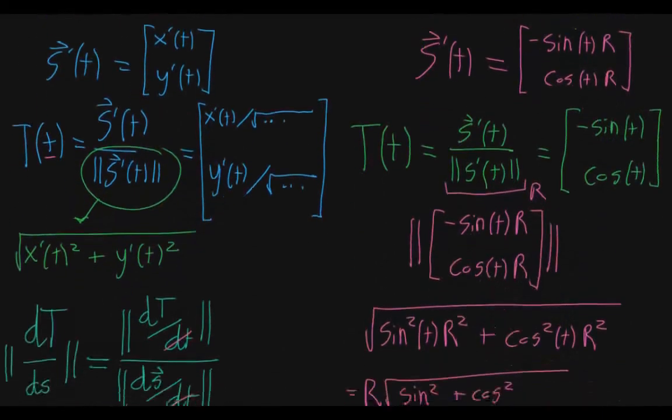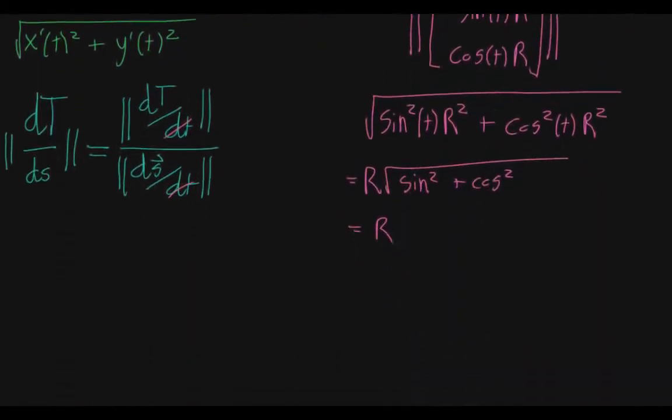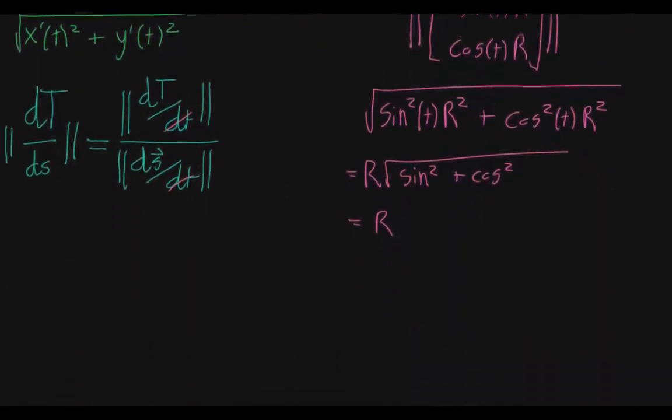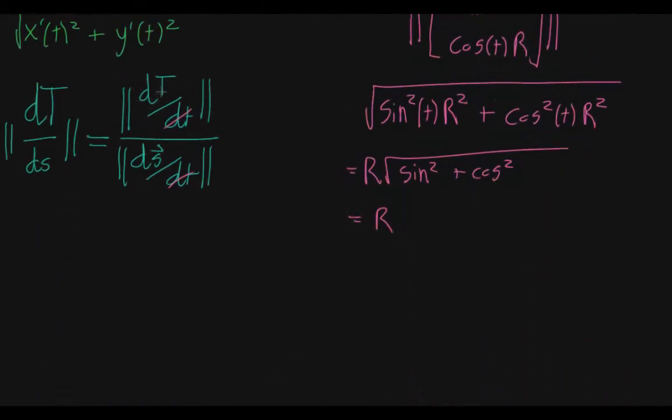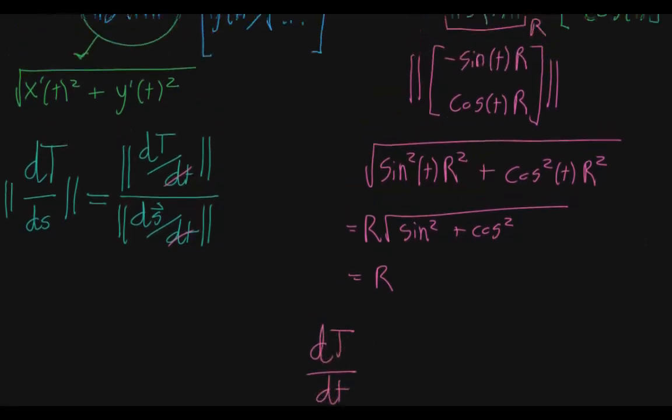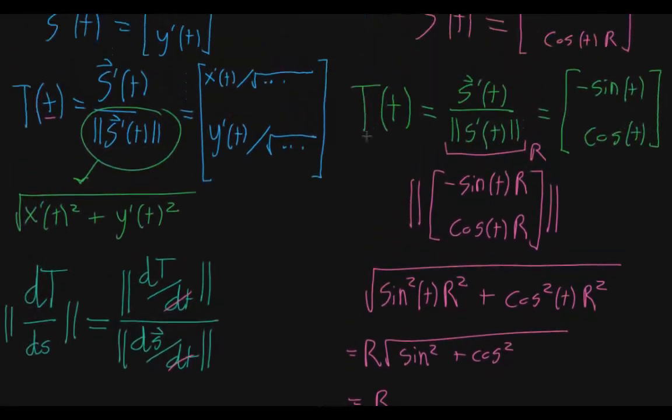And what this means in our specific case, if we want to apply this to our circle example, we take d big T, the tangent vector function, and I'll write it here. We have the derivative of our tangent vector with respect to the parameter, and we go up and look here: the unit tangent vector has the formula negative sine of t and cosine of t.